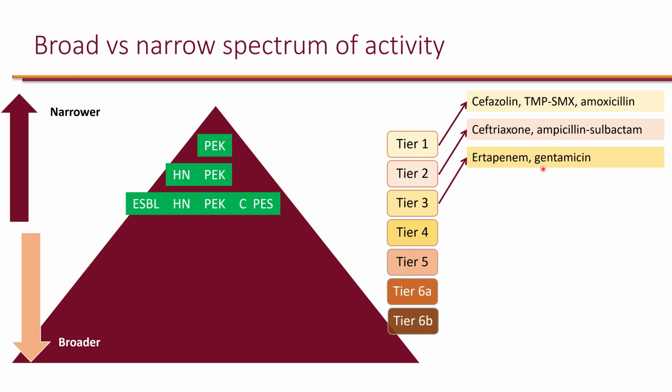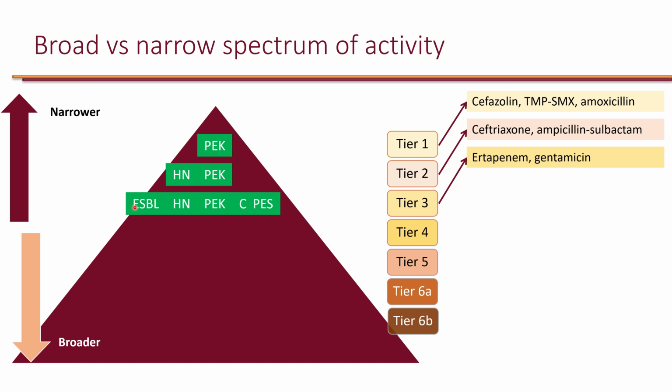So with the safe doses that we use in patients and with the current MIC in Pseudomonas species, gentamicin is not likely to cover Pseudomonas. So for that reason, it has been placed in tier 3.